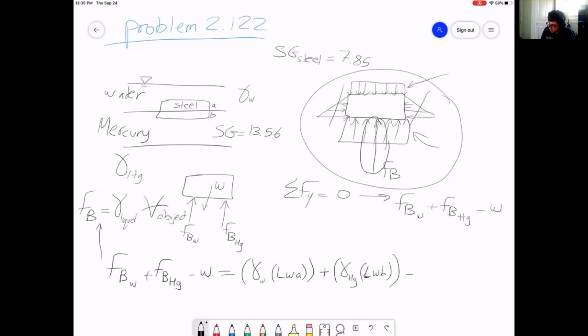Okay, minus the weight. How would you find the weight? What's the definition of weight? Volume times specific gravity. Actually, it's volume times specific weight, gamma. I was going for weight equals mass times gravity.